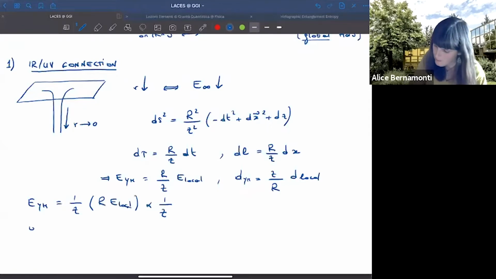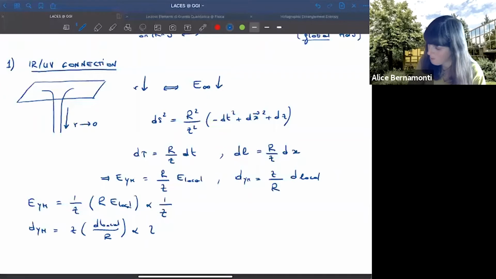Similarly, distances in Yang-Mills will be proportional to z.